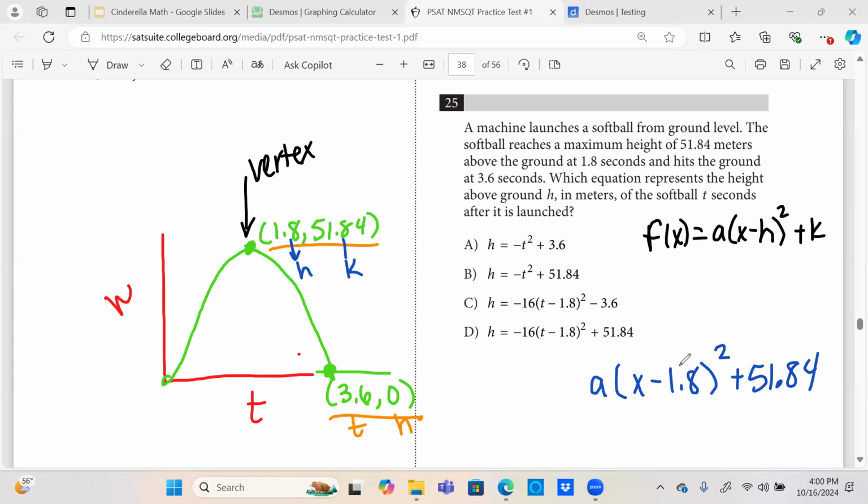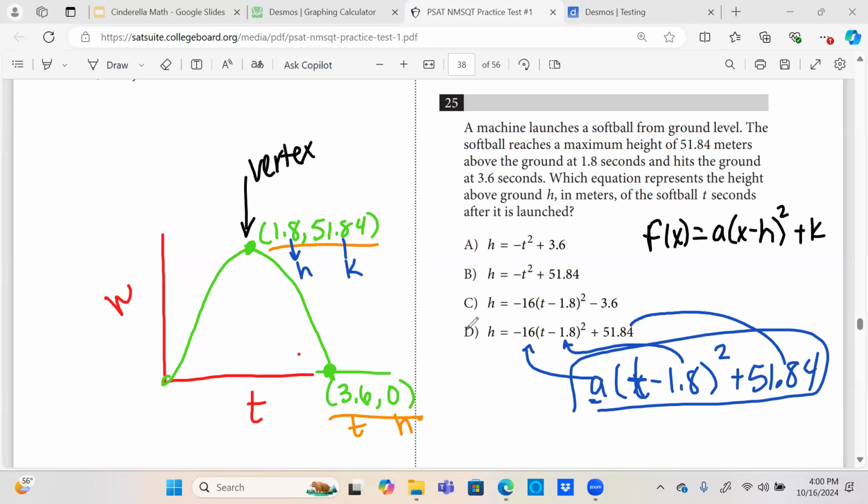We don't have x, we have t because we were in time. So if I just change that to t, which one looks like this? We don't know the a, it's actually negative 16 because of gravity, but it's fine. Even if you didn't know that, you still have the negative 1.8 right here and the 51.84 here. That would have been the easier way to know it if you knew this formula, which again is vertex form of a quadratic.